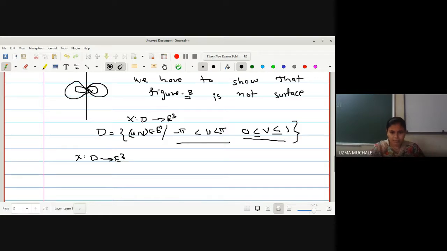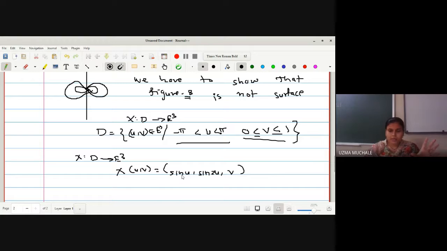X is a mapping from D to E3 defined by, now actually you have to remember this mapping. As we found out in the last lectures, X of uv cannot be found out here; you may have to remember that it is sin u, sin 2u and v.